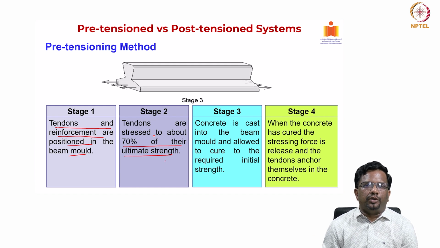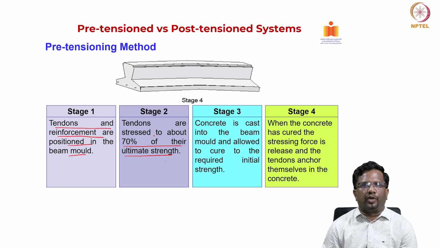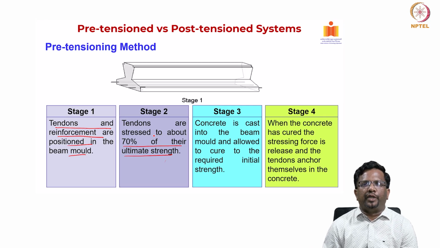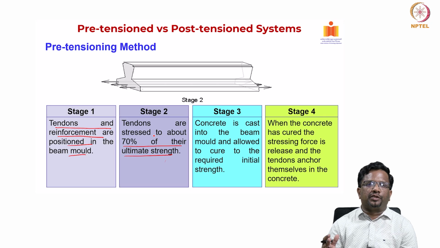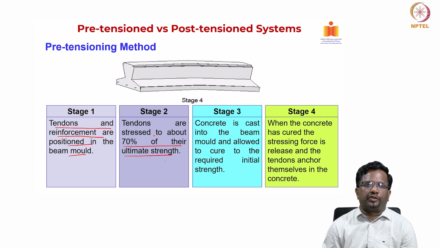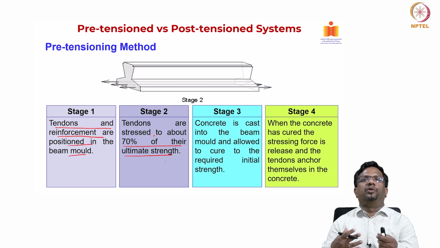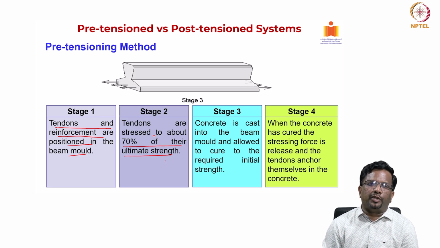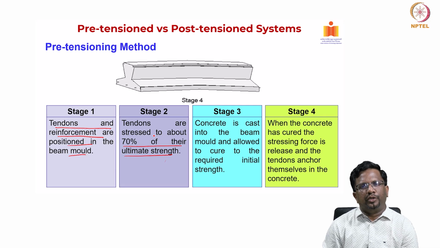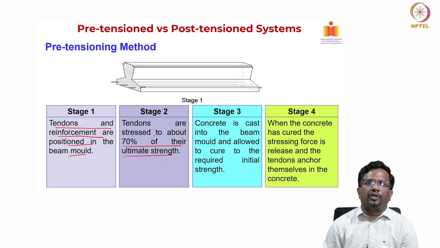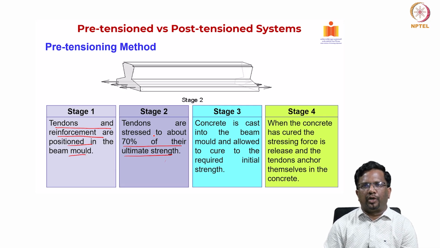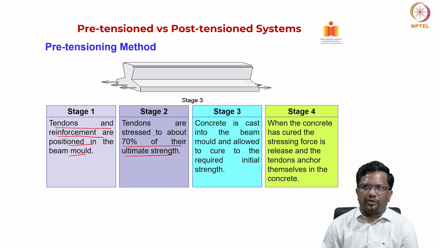Concrete is allowed to cure for a minimum period, so that when you transfer the prestress, it should not exceed the allowable compressive strength. Also, when you transfer the prestress, you have lateral tension developing in the anchorage zones, so we need to make sure that the concrete is strong enough to tackle all these stresses.